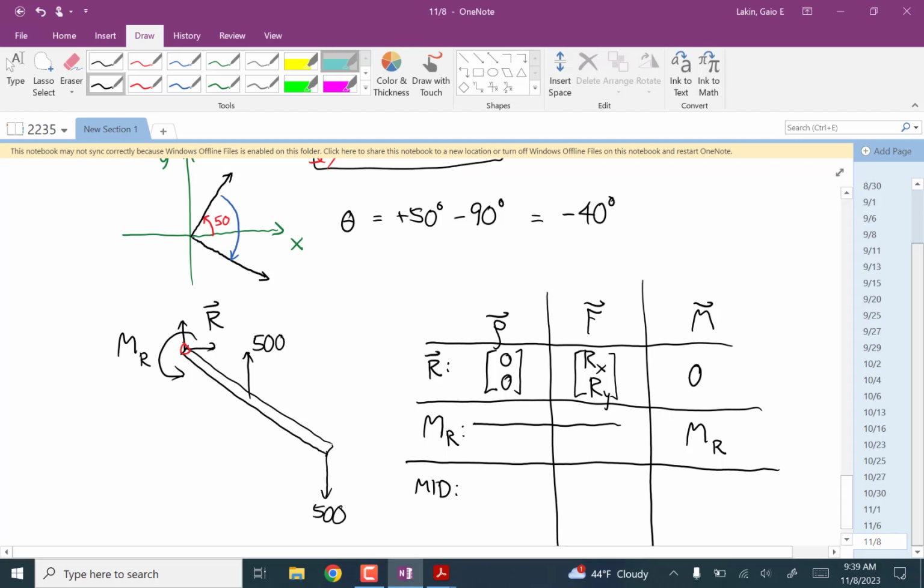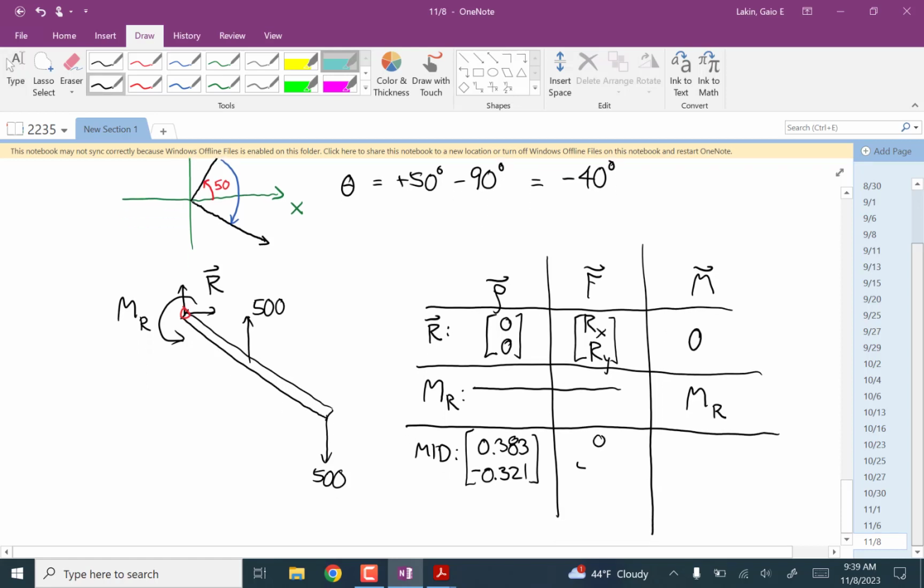So the row vector is 0.383, negative 0.321. And the force is 0, 500. And we get a cross product of 191.5.